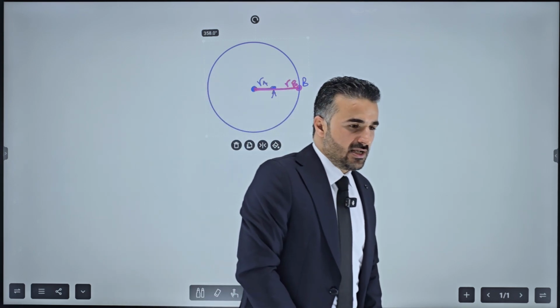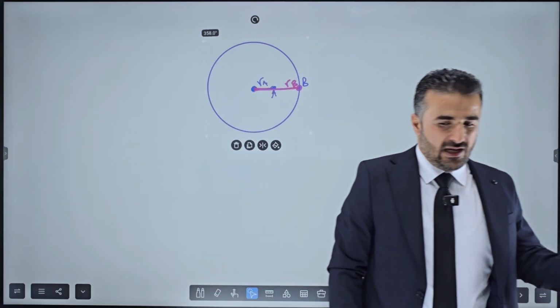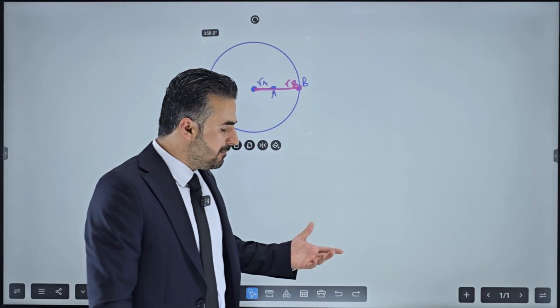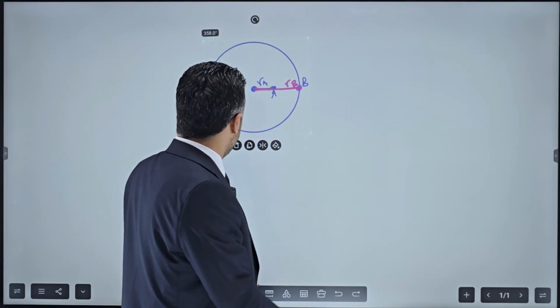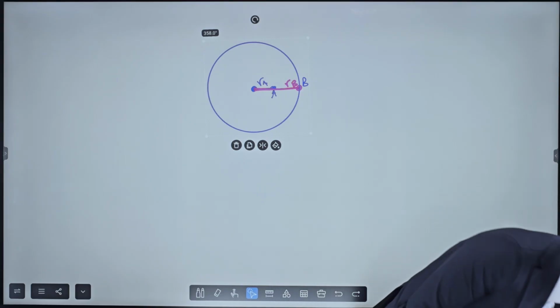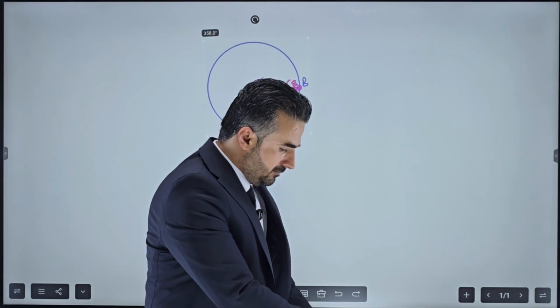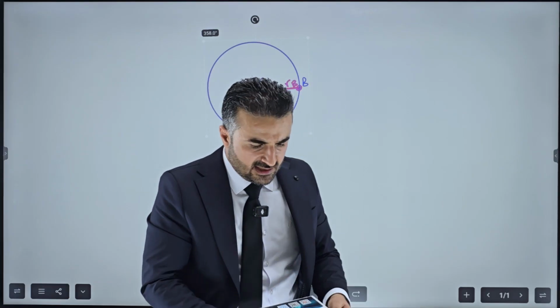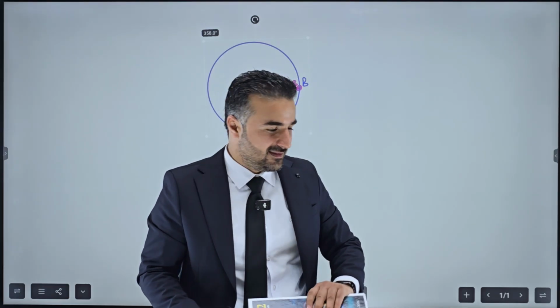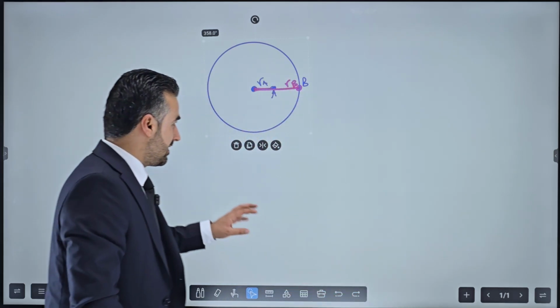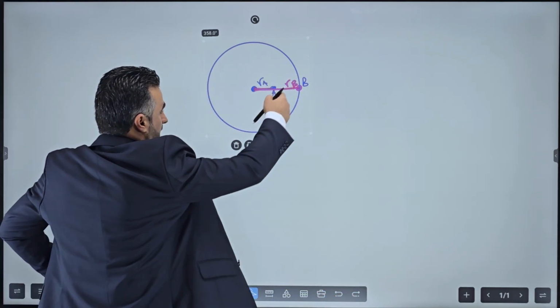Let me use another example maybe. Let's say this is a solid object. Imagine this object is moving.